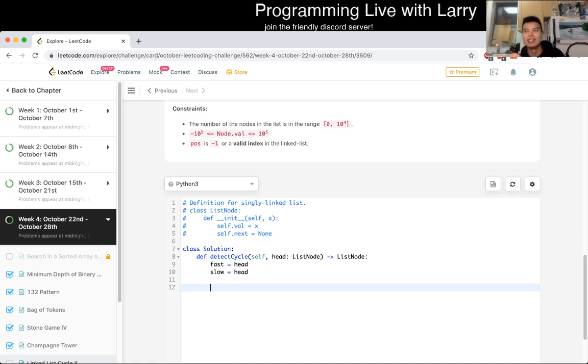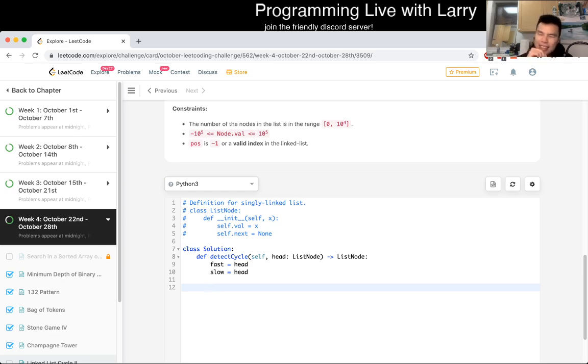However, if there is a cycle, the fast pointer would loop around until the slow pointer gets into the loop, and because there's a delta of 1 every time, eventually they'll meet at some place within the loop. And when they meet within the loop, then you know that you have a loop.